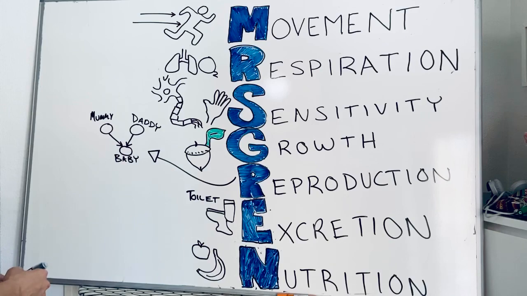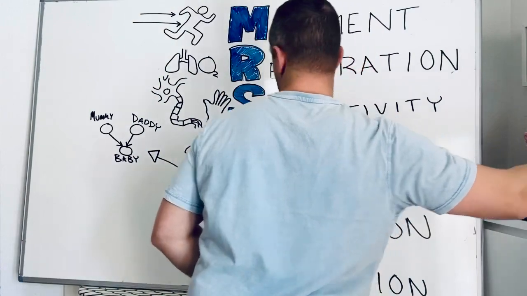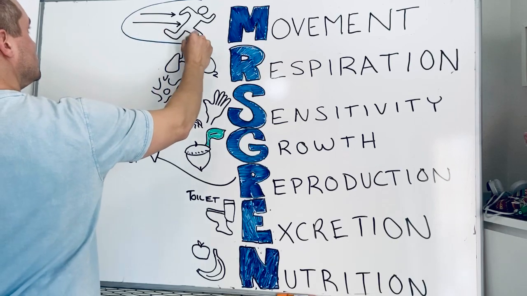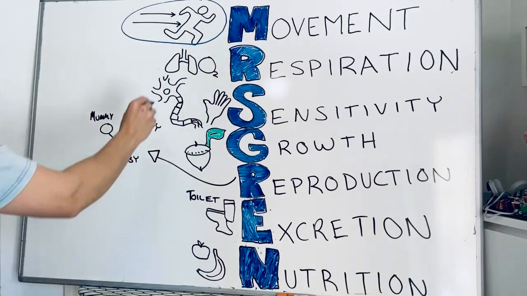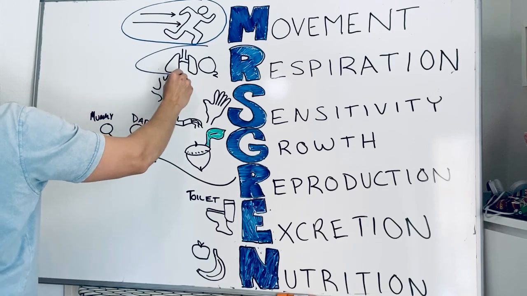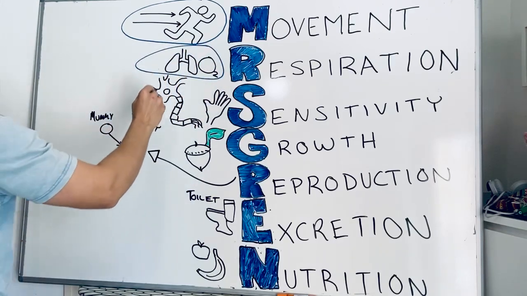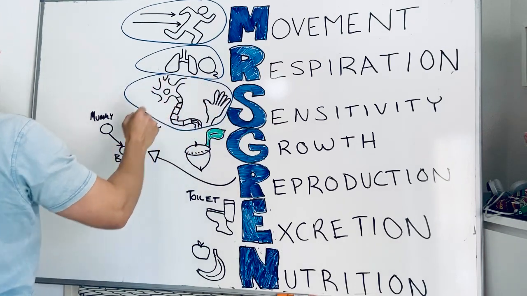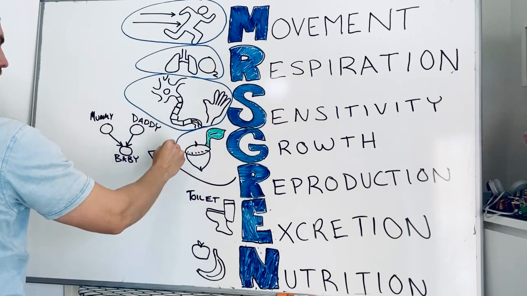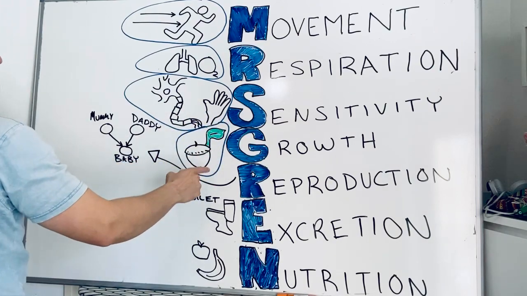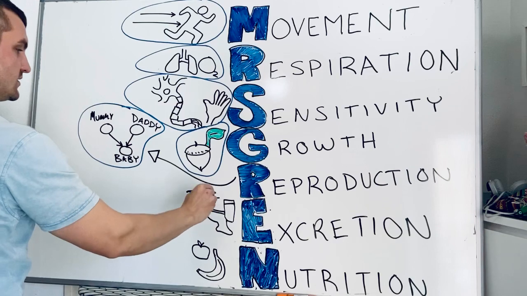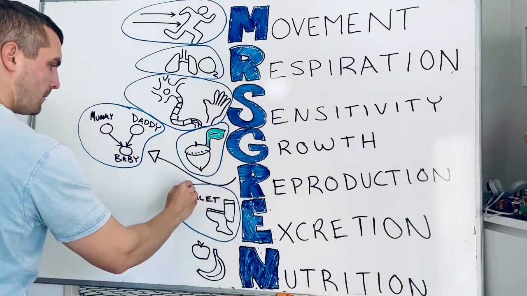So we have, if you see here, we have 1, 2, 3, 4, 5, 6, and 7.